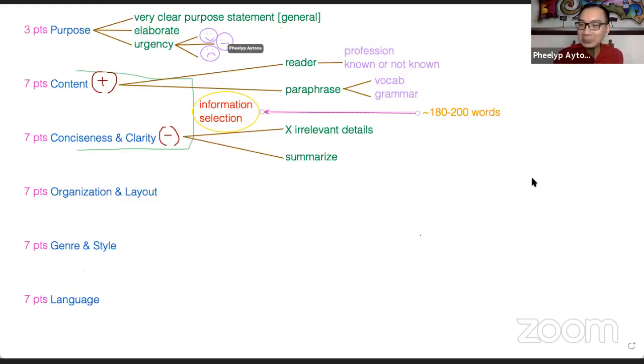So, any other questions? Precious Santayana. Sir, counted din po ba ang heading sa letter writing? Wala tayong mga heading tayo. Walang ganun, Mars.